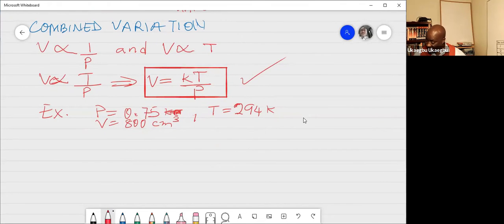Just plug the numbers back into the equation. You are going to have 800 is equal to the K we don't know, multiplied by the temperature, 294, divided by the pressure, 0.75.